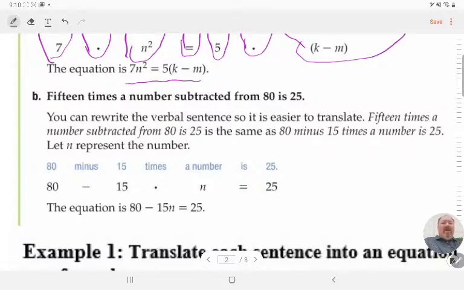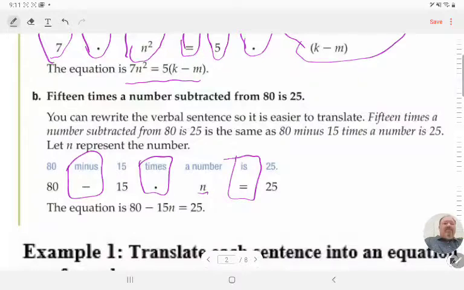So I know 80 minus 15, minus is my operation, and then times, again, my operation, a number, and we're letting that represent by n, is my equals 25, okay? So the equation would be 80 minus 15n equals 25.